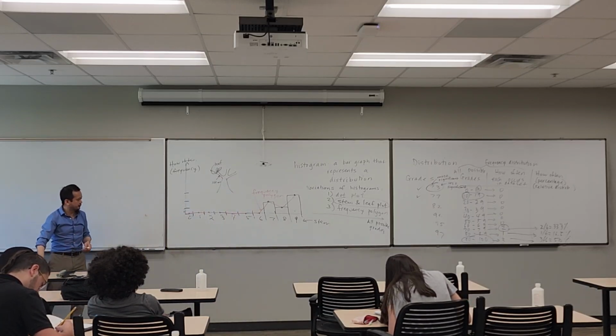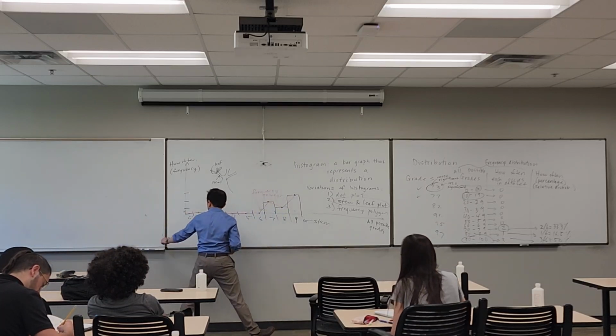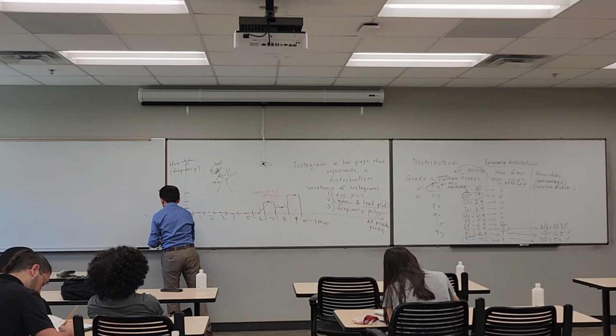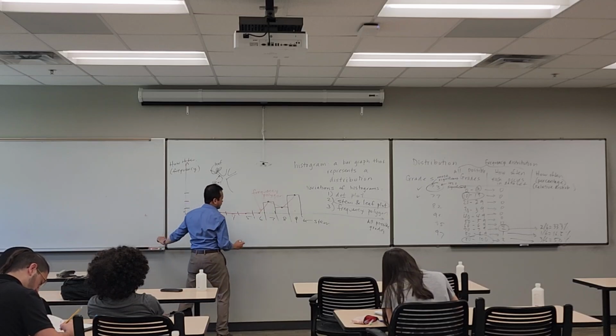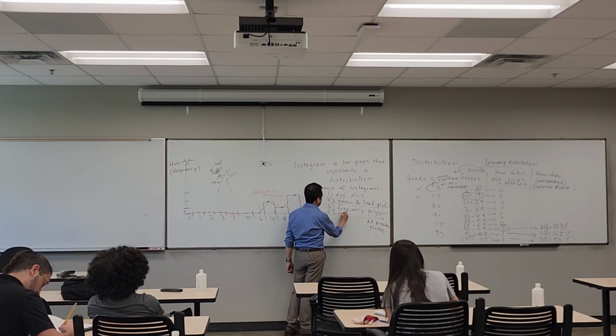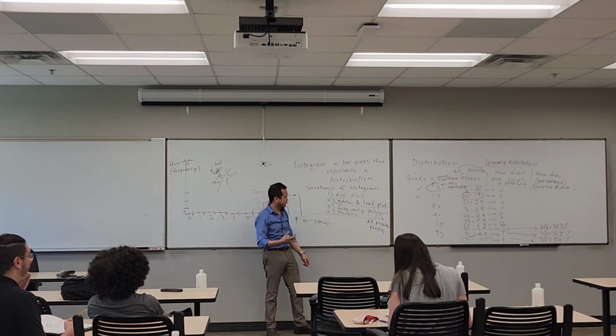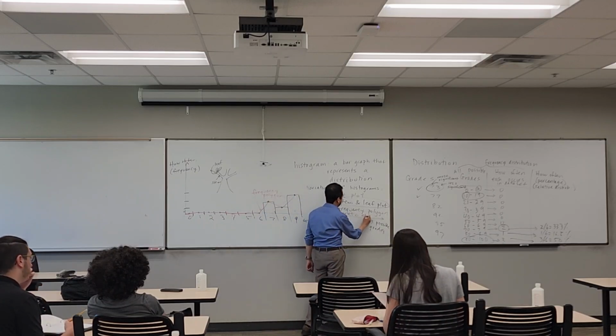All right, so the next example of a variation of a histogram that we'll talk about is a Pareto chart. The P is actually capitalized because it's named after somebody. So, Pareto chart.